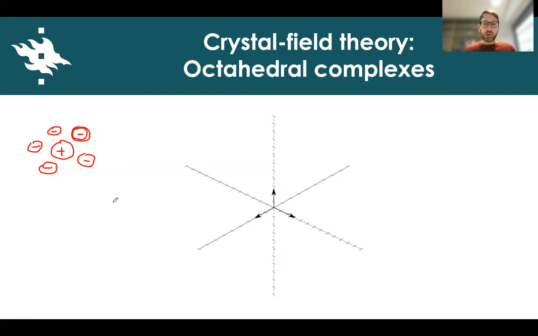So if we are talking about an octahedral complex, we can place the metal at the origin of a Cartesian axis, as for example, if we have X here, Y here, and Z here.